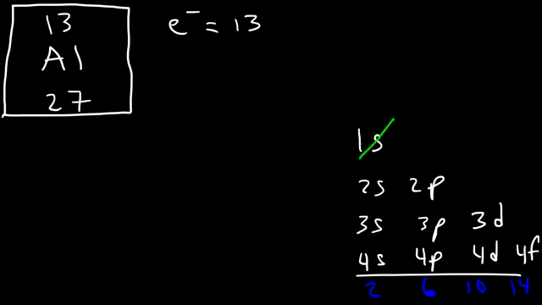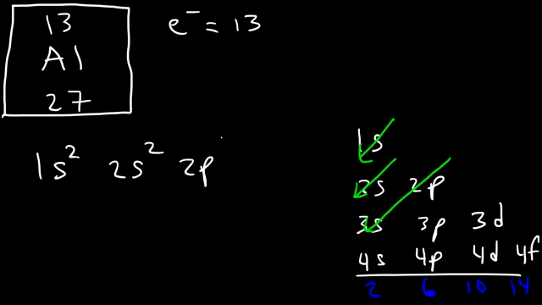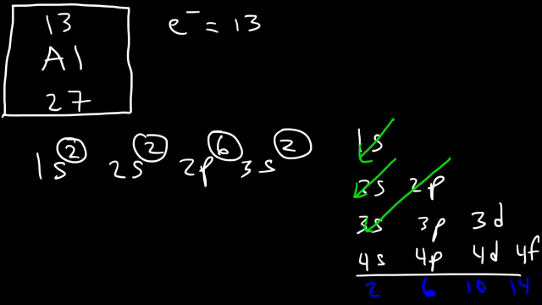So we're going to start with 1s. That's 1s2. And then after 1s, we have the 2s sublevel, so this is going to be 2s2. And then we need to move on to 2p, then 3s. So p can hold up to 6, and s can hold up to 2. If we add 2 plus 2 plus 6 plus 2, that's 12.